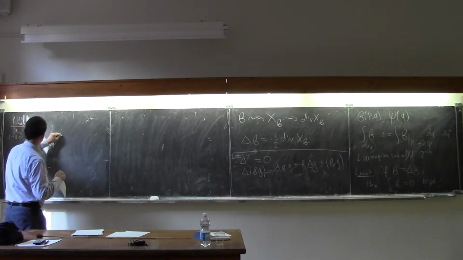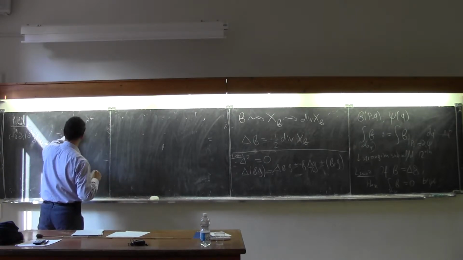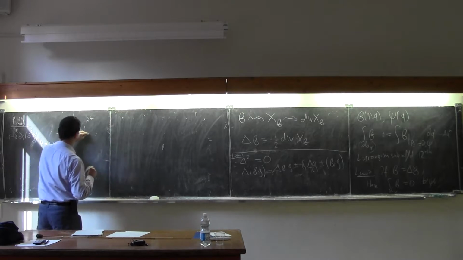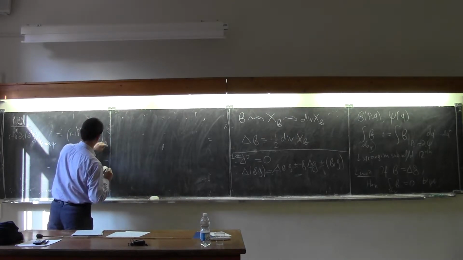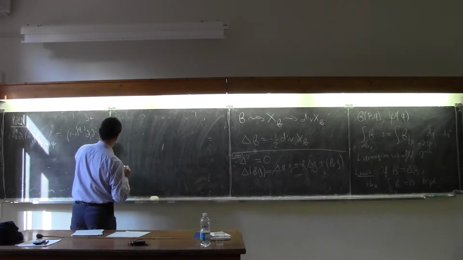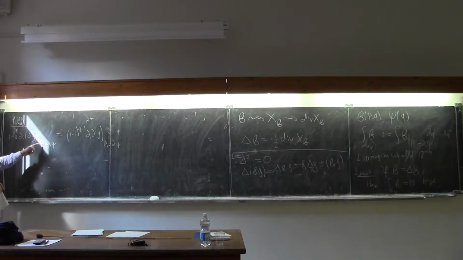Now this is not the same as doing first both derivatives and then setting the p_i equal to ∂_i psi. The reason is that when you set the p equal to the derivative of psi, now the p start to depend on the q's.